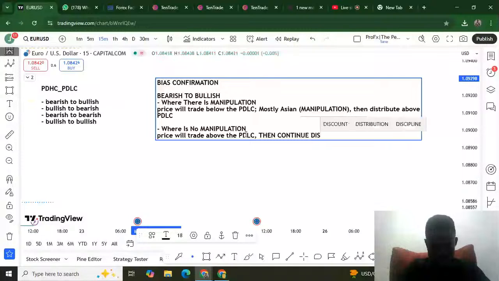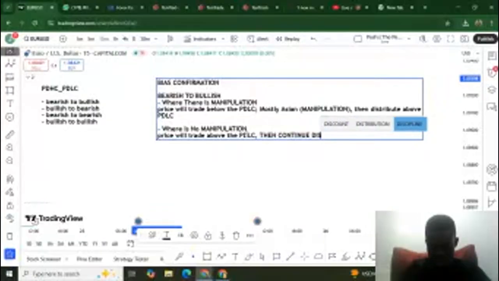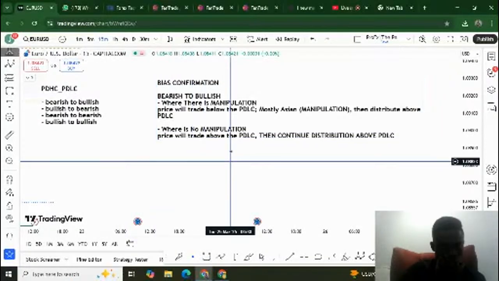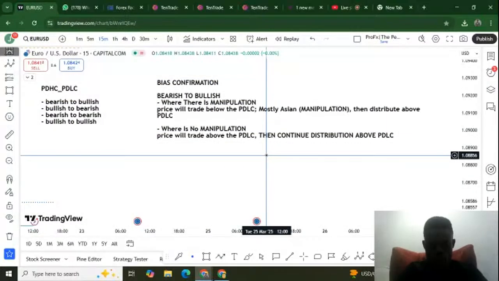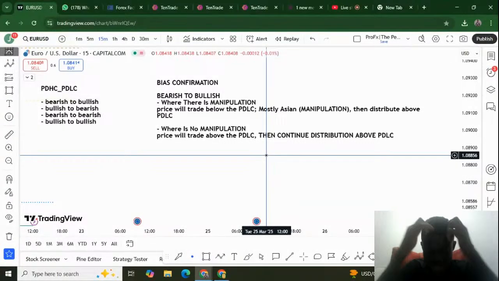Then continue distributing, distribution above PDLC. These are the only two things that can happen. Let me tell my OGs that if you find a concept, ask yourself what are the only two or three things that can happen. If you want to simplify a concept, you can apply it to any life scenarios too.